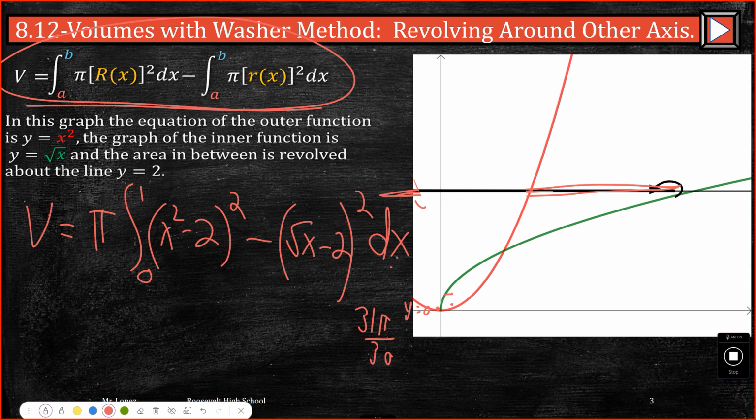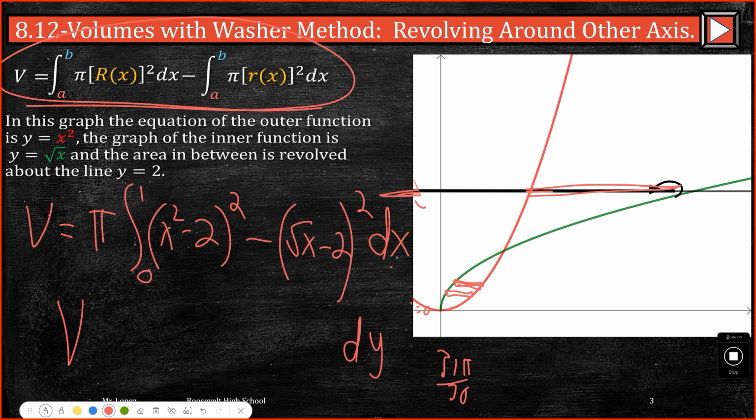What if we do instead dy? If we do dy, 31 pi over 30. If we do dy, these rectangles are going to go from the bottom to the top. So say this is dy.